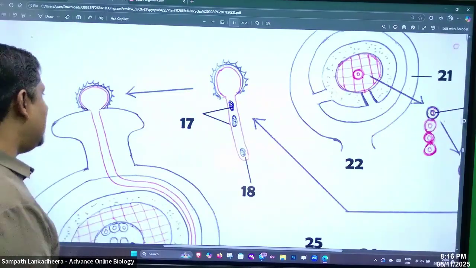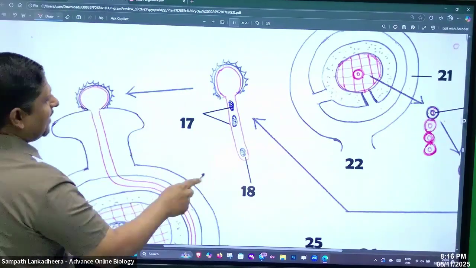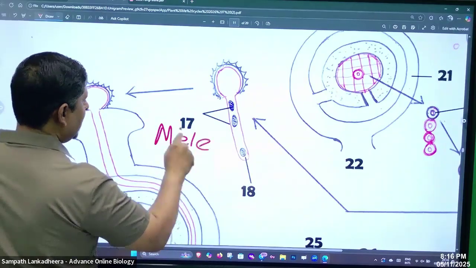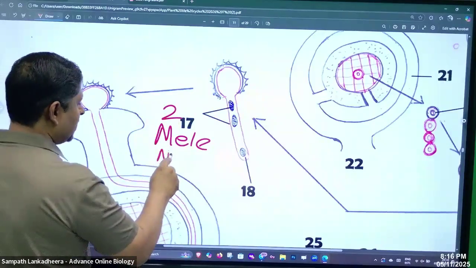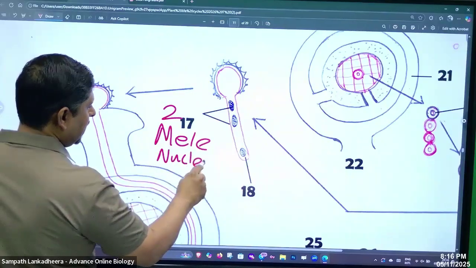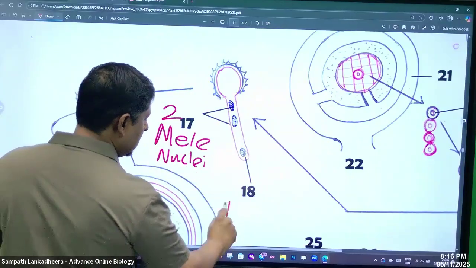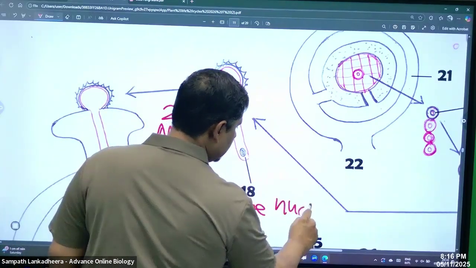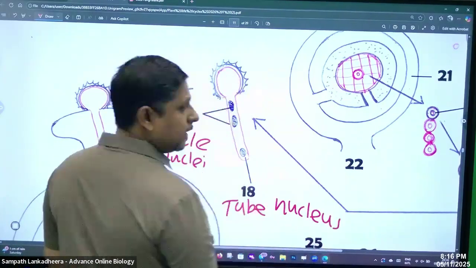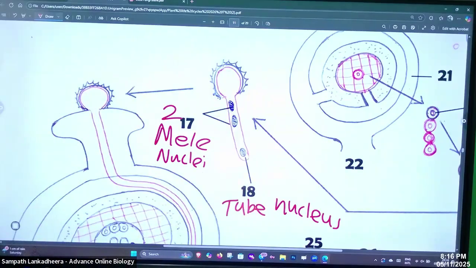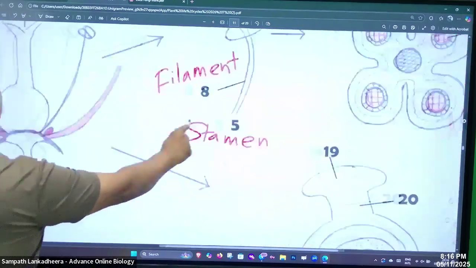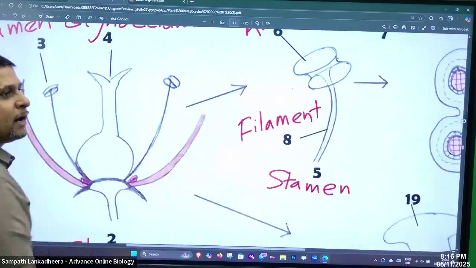Number 17 is 2 male nuclei, and number 18 is tube nucleus. So that's all for the male part.